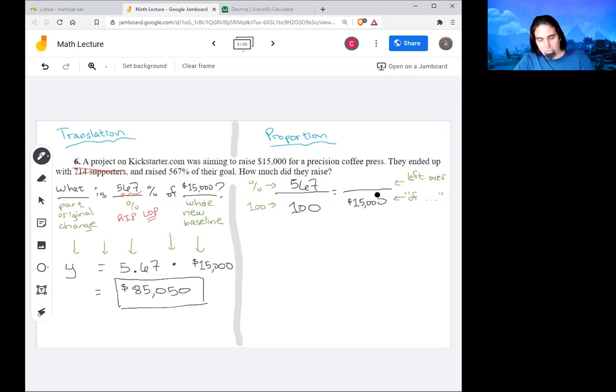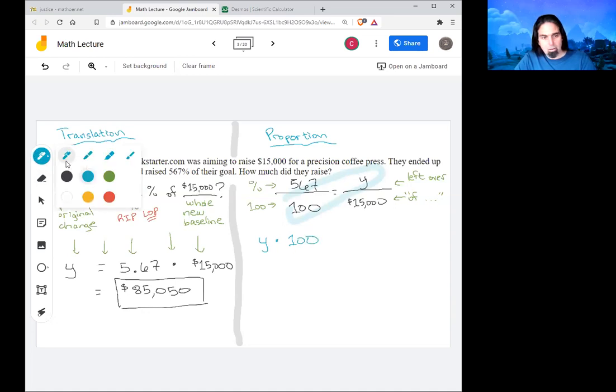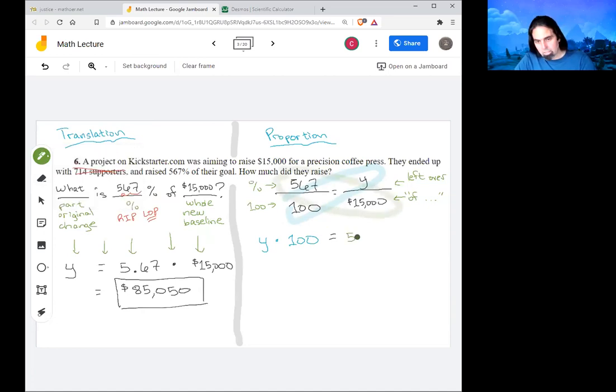And the thing we haven't used yet, that's the what, that's the y. So now y times 100 is 567 times 15,000.